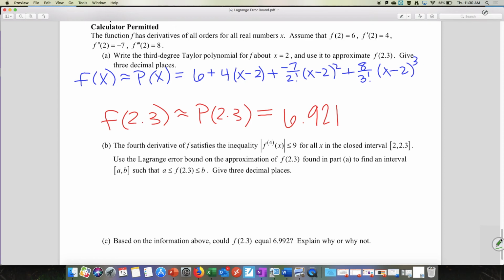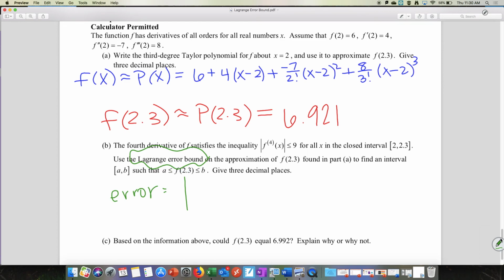Okay. So we want the Lagrange error bound. So our error, you don't want to write R, is of the form, okay, this is a third degree polynomial, right?